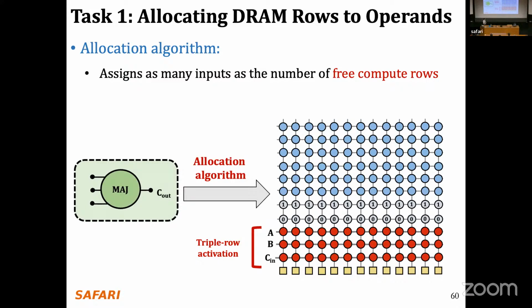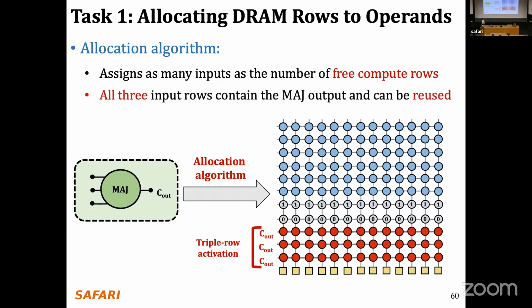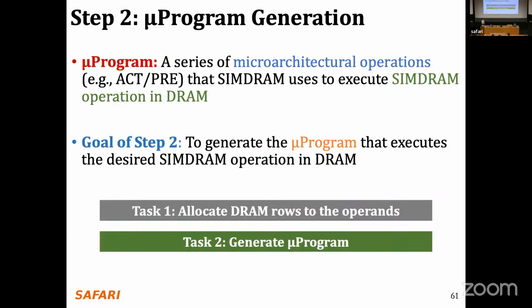When I do this triple row activation, after the computation, I am going to have 3 copies of this edge inside my compute rows over here. So if other circuits need to use this output, I can directly access it through each one of those 3 rows without having to copy the data beforehand. So they can be reused for further allocations.